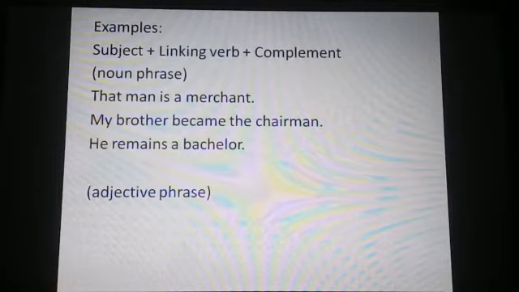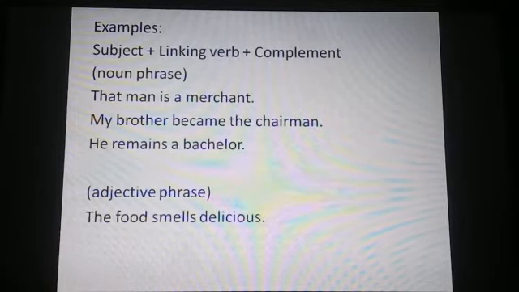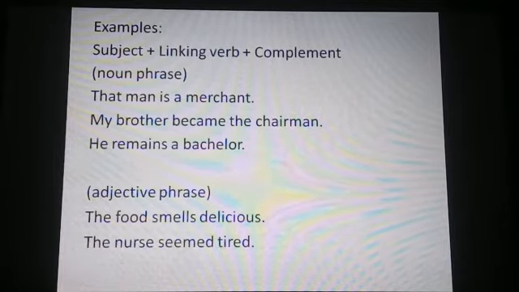Now let's move on and see some examples with adjective phrases. The food smells delicious. Here the food is the subject, smells is the linking verb, delicious is the complement, and in this sentence the complement is an adjective phrase. The nurse seemed tired.